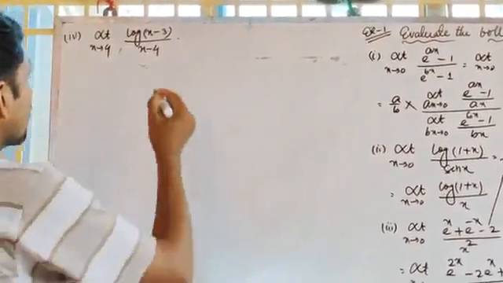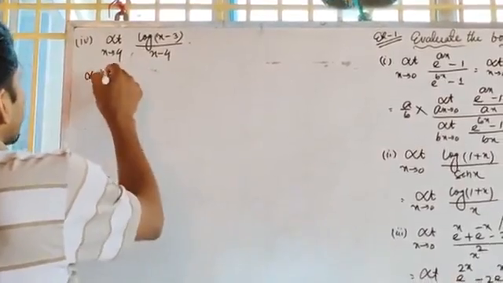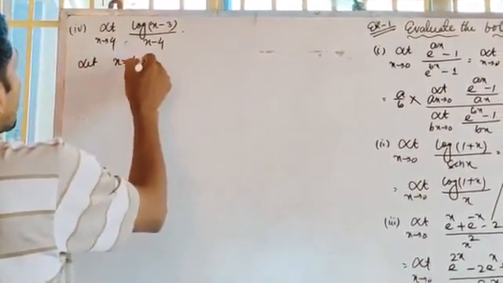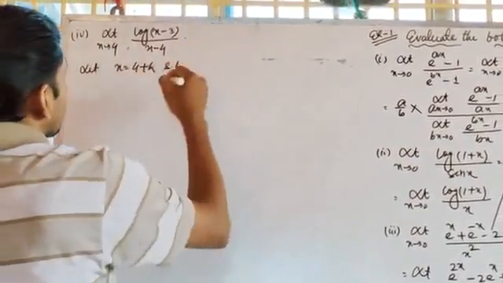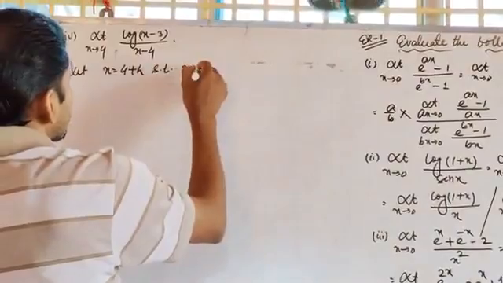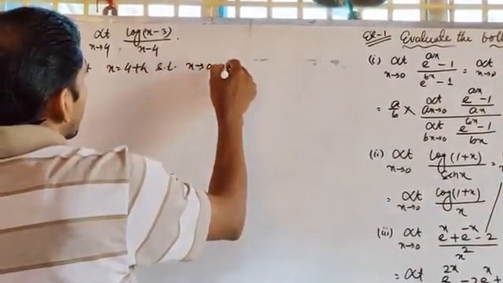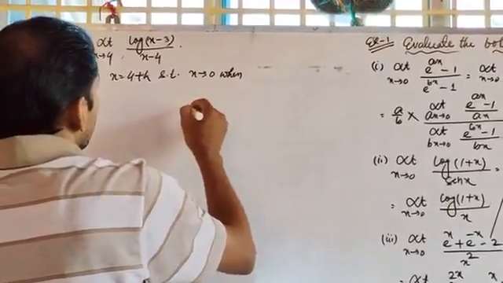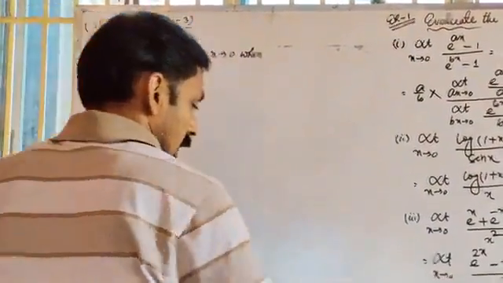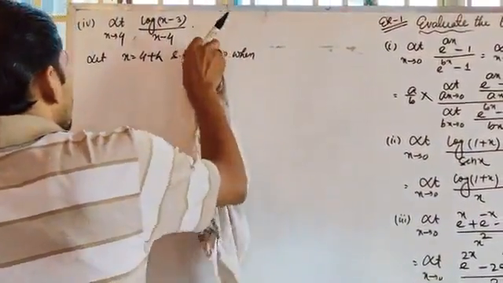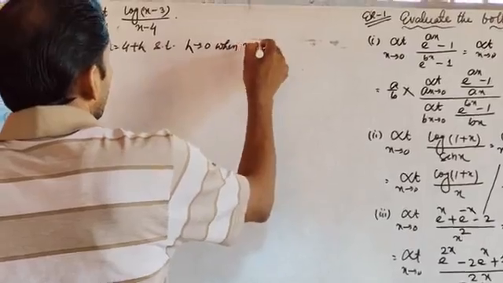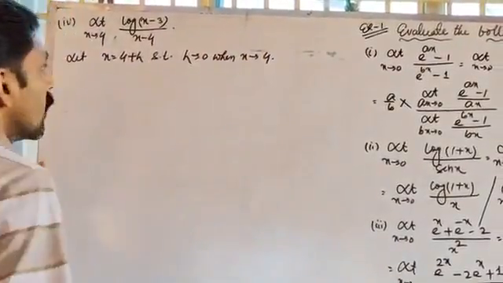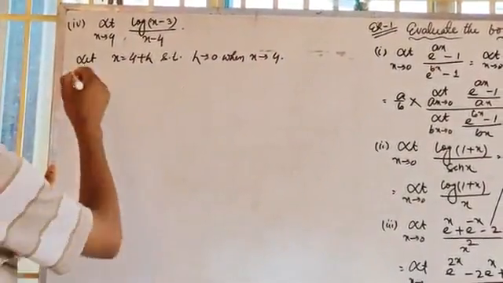Now what is substitution? Here we write x equal to 4 plus h, such that h tends to 0 when x tends to 4.